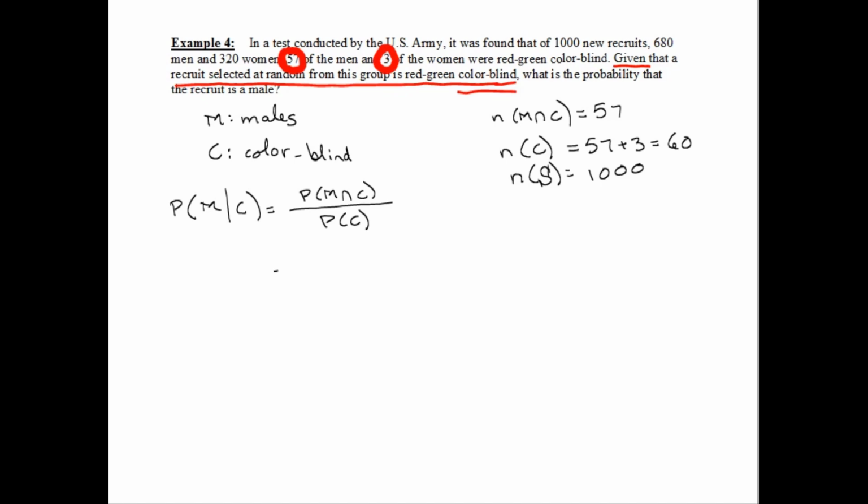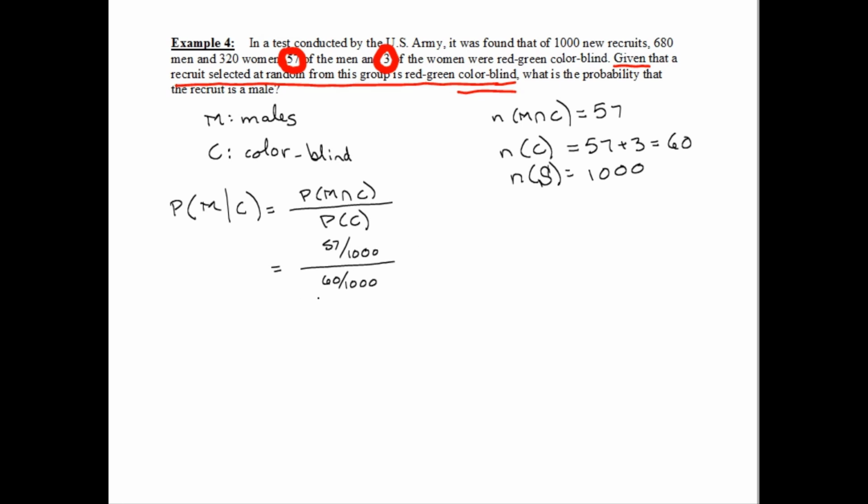So the probability of M intersect C will be 57 out of 1,000. The probability of C would be 60 over 1,000.